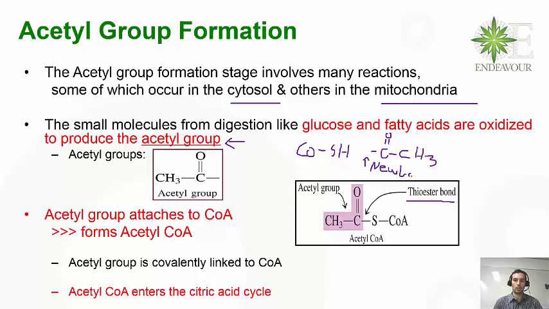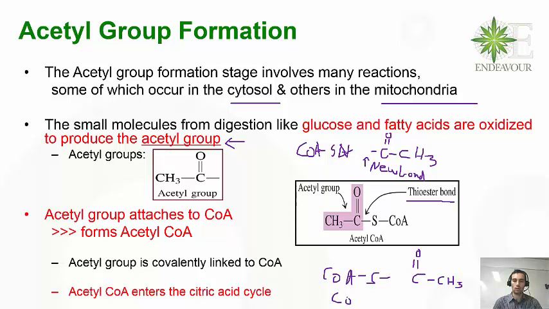So the way we can connect these two groups is by losing the hydrogen off the coenzyme A. Then we now have a coenzyme A, which has a sulfur that actually can accept another bond now because it's lost that hydrogen, which allows us to connect to the acetyl group, which we see here.